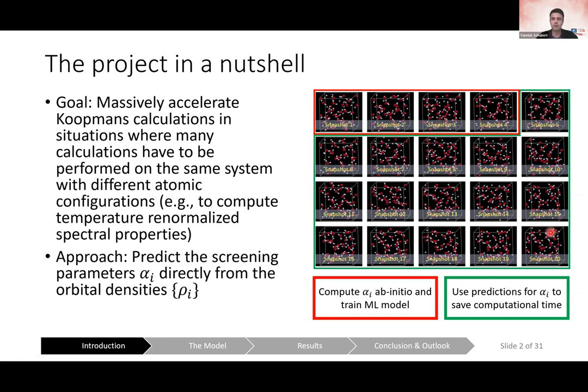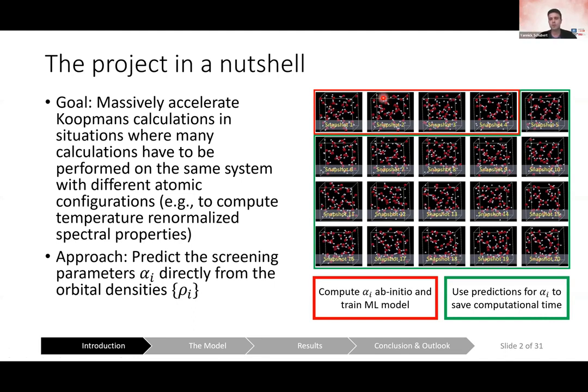And here on the right, you can see a very typical setup where this machine learning model might be useful. So imagine you have generated a trajectory, for example, of this vortex system, and you wanted to perform Koopmans calculations on 20 of these snapshots. Then you could use our machine learning model in the following way.